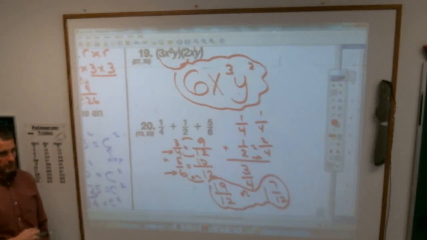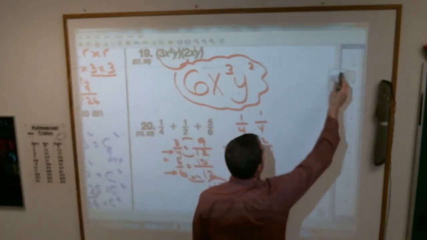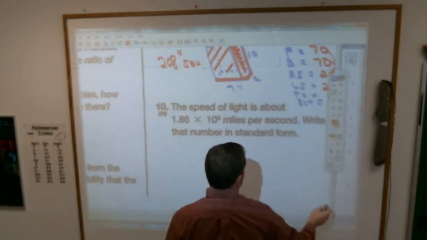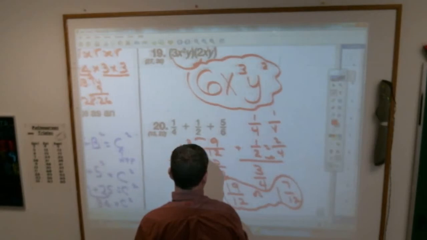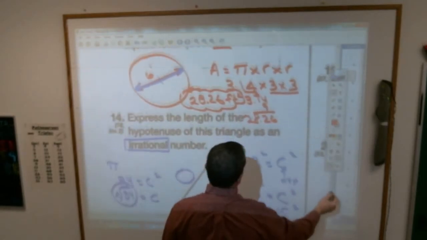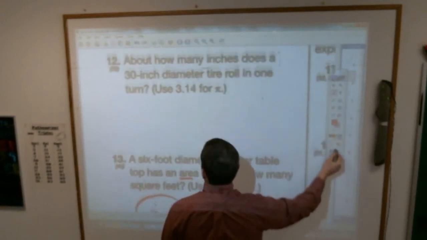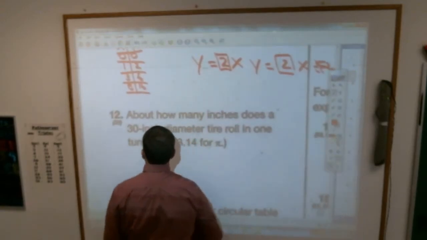Did they do something wrong? Keith. For 12 and 13, if it says about, would you just do the exact one, or would you round? If it says about, no, you can't.